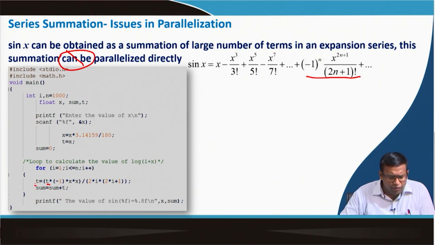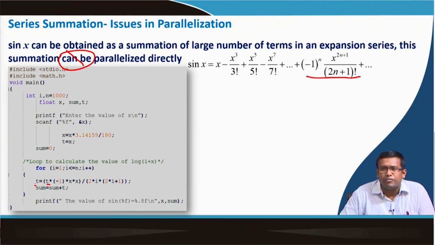Therefore, if we have to calculate the value for i equal to 2, the value for i equal to 1 should already be known to us. If we have to calculate the value for i equal to 10, values for i equal to 1 to 9 must be available to us.